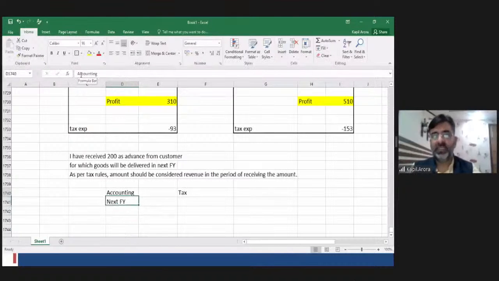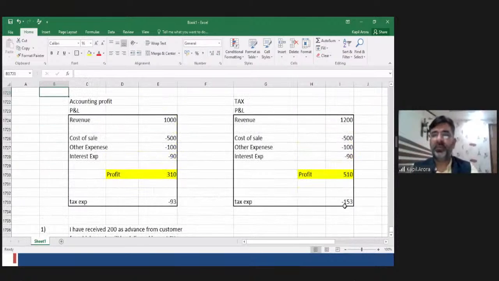I hope this is fine. This is the first case. Because of this, my profit, which was 310 in accounting, became 510 in the tax books.